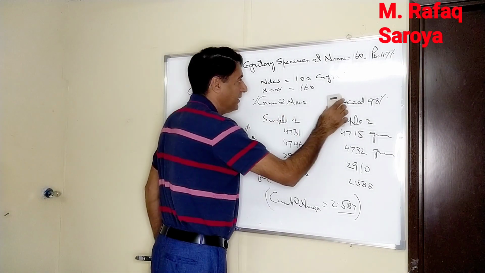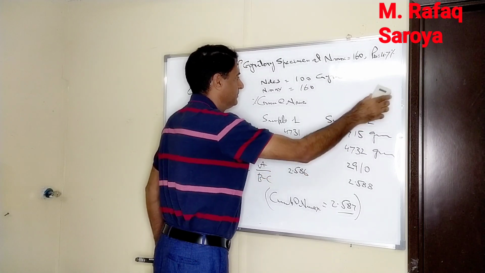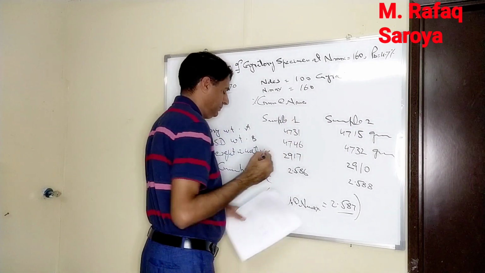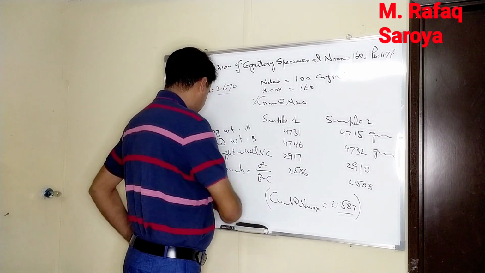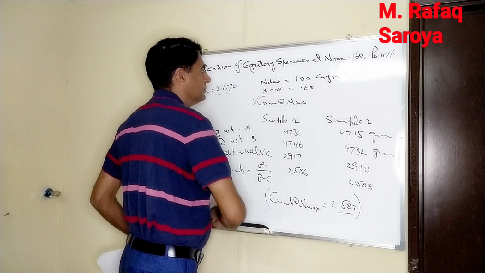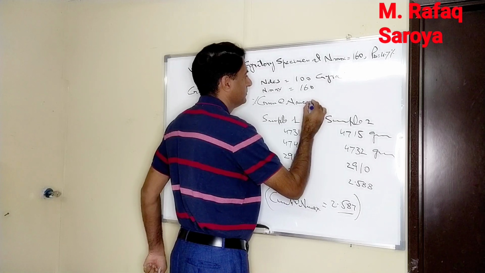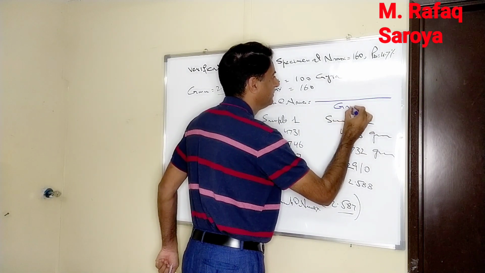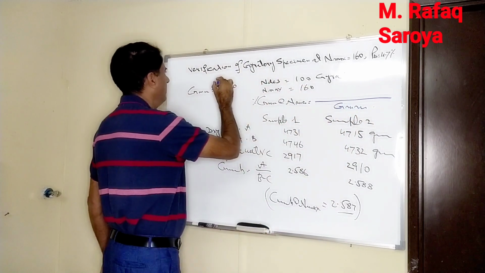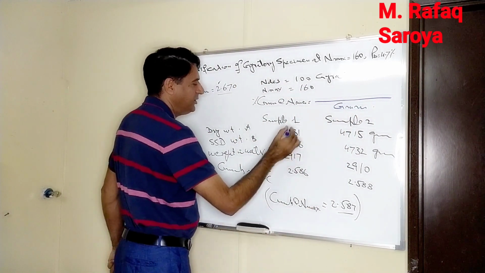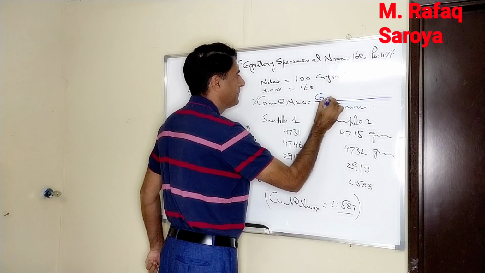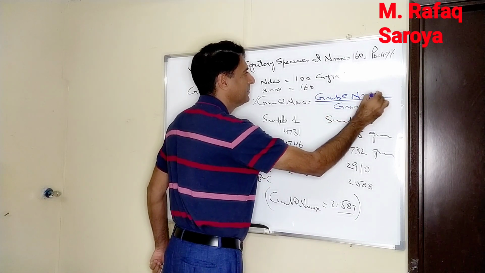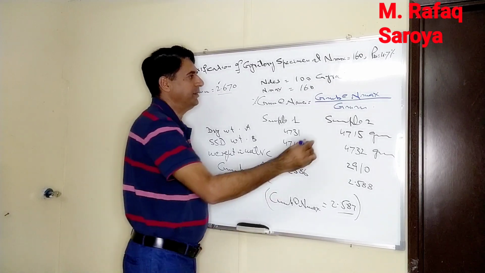How will I do this? It is equal to Gmb at the rate of Nmax over Gmm, which is given over here, now multiplied by 100.